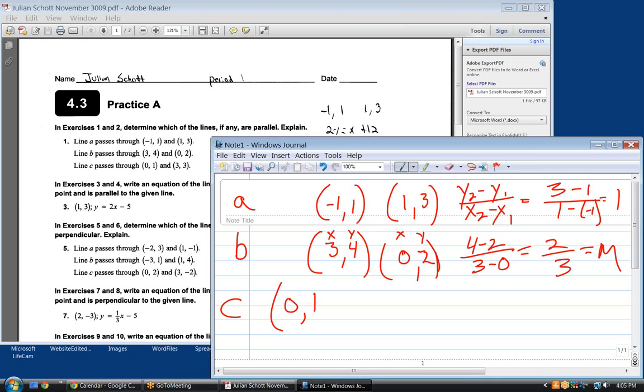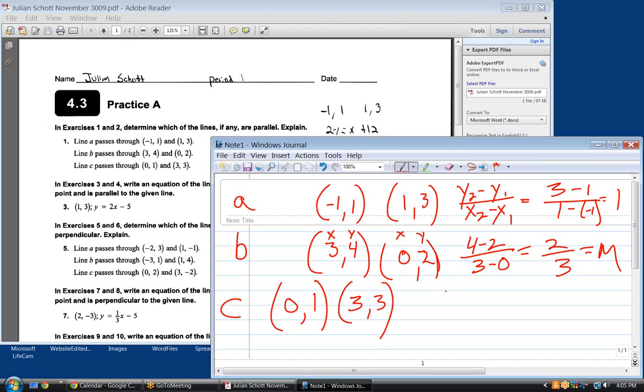Finally, let's look at this line. It goes through these two points. What's that slope? 3 and 2. Hold on. What is y sub 2 minus y sub 1? 3?